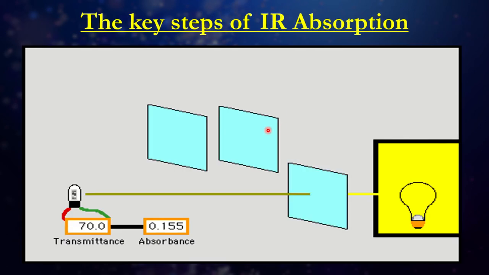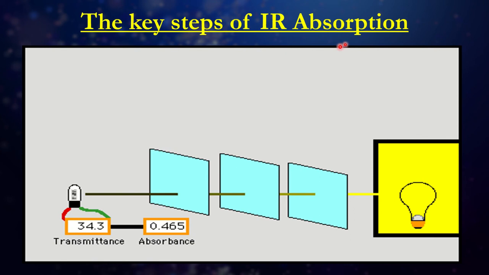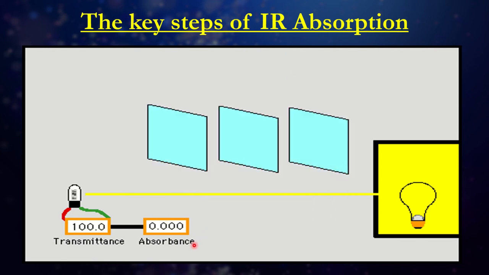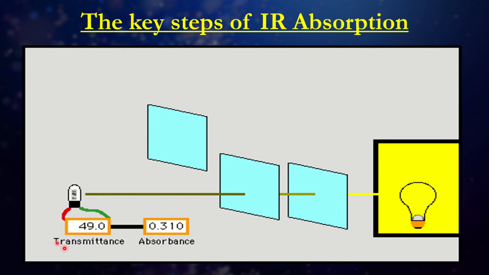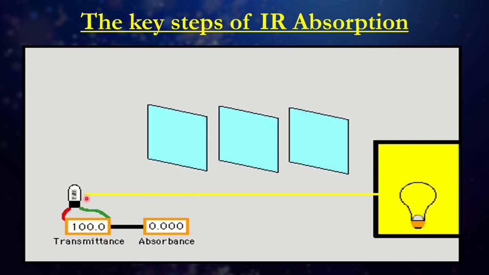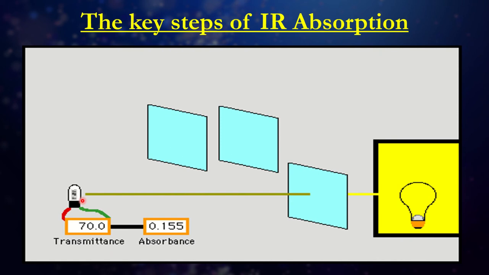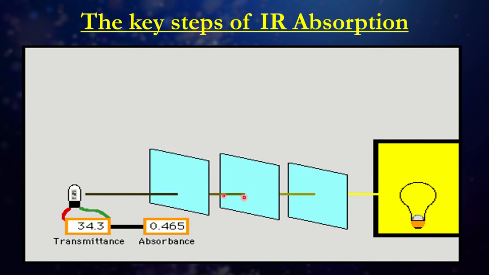Okay, the next bit we're going to talk about is the technique of infrared absorption. There are two particular components you need to take into account: one is called absorbance, one is called transmittance. To put it simply, transmittance is how much light is going through the sample.